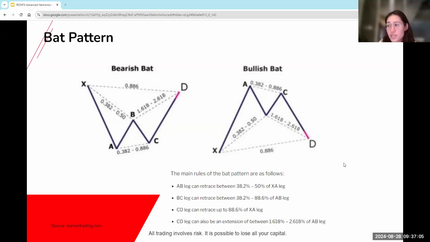Stop loss will just be placed below here. Similarly for a bearish Bat, prices heading downwards, your stop loss will be up here, somewhere here, and you're heading towards 38.2 or 61.8 retracement of your initial leg, which is your XA.